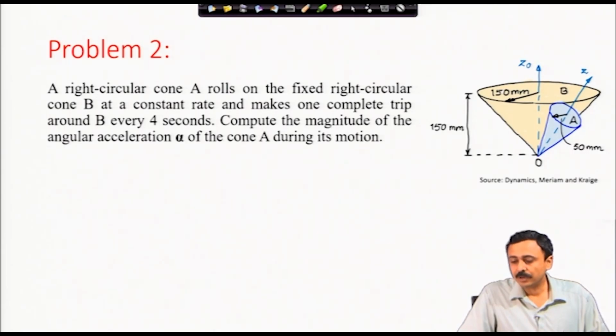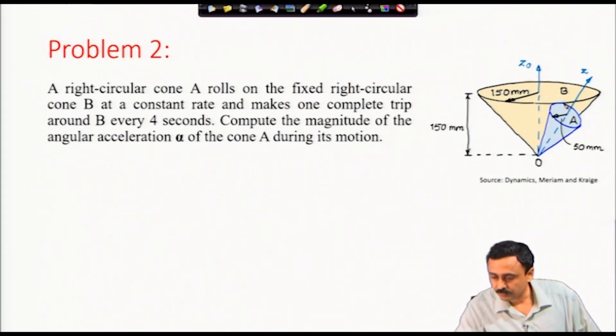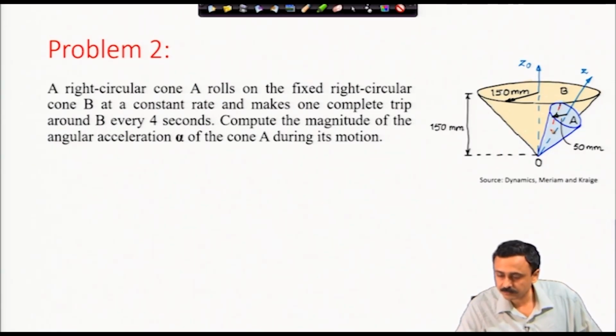You have to remember that the cone A is rolling without slipping on cone B, and there is a line contact between these two cones.